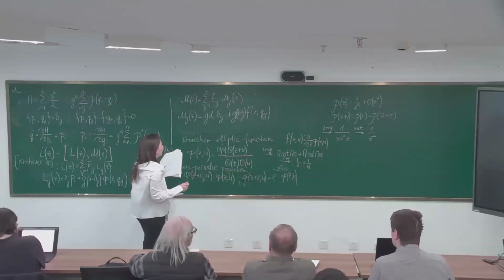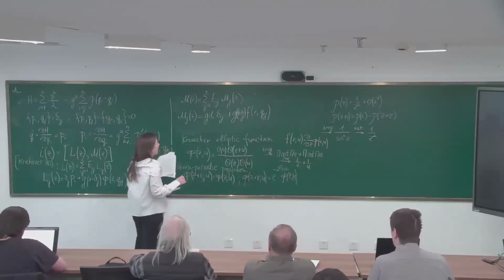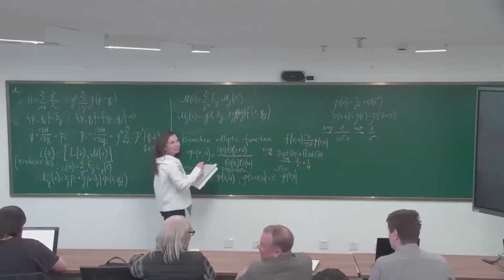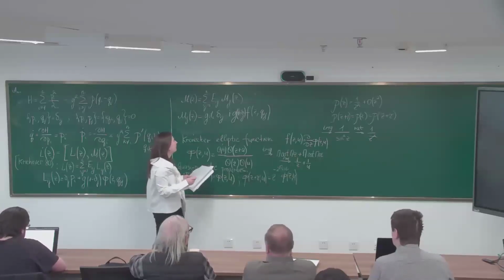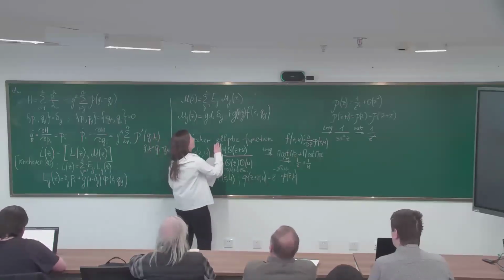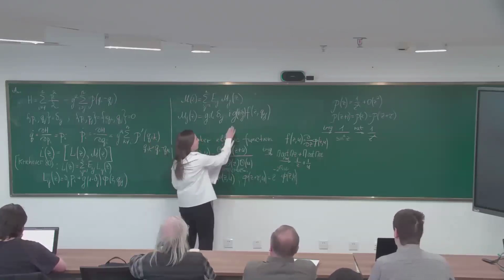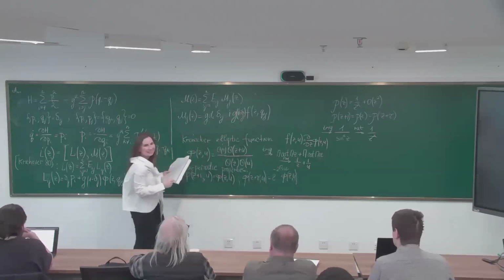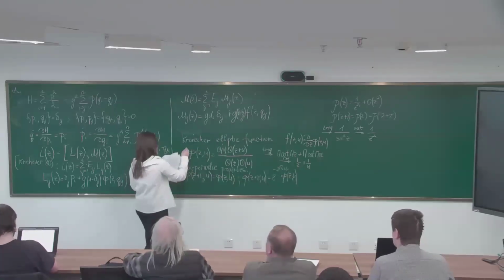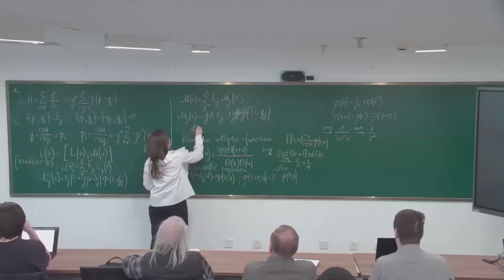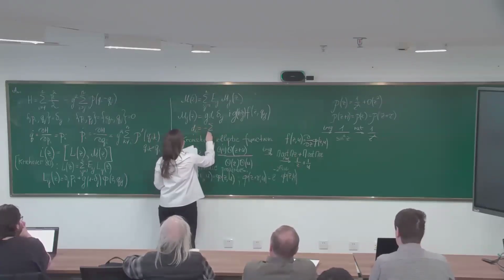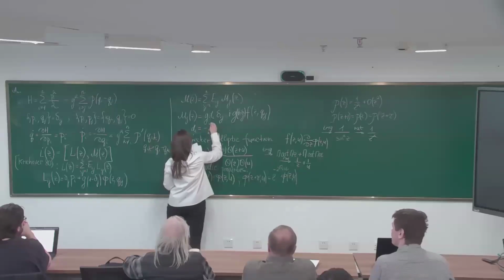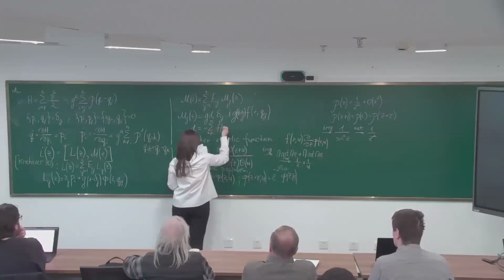I mean that i is not equal to j. So just think that this is the non-diagonal part. And in the diagonal we have this f here.